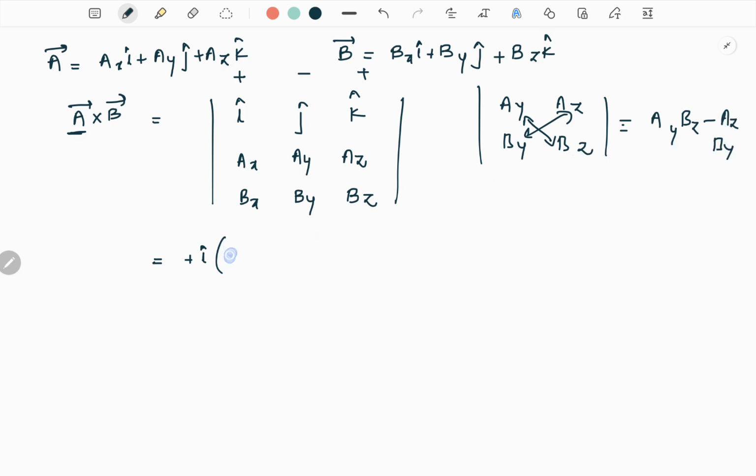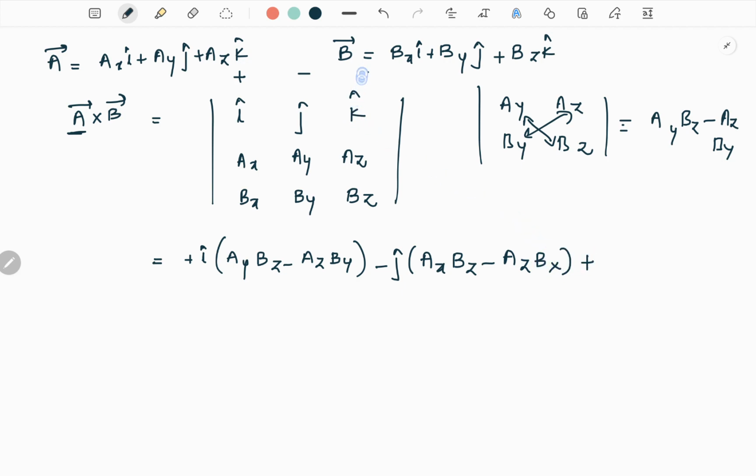So we get Ay Bz minus Az By. Then minus j cap, then close the row and column containing j. Then we have Ax Bz minus Az Bx.